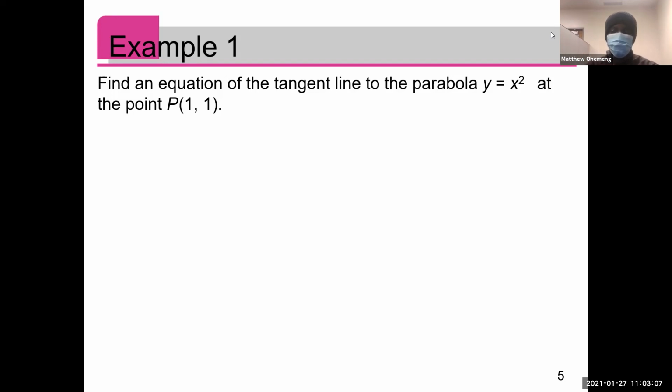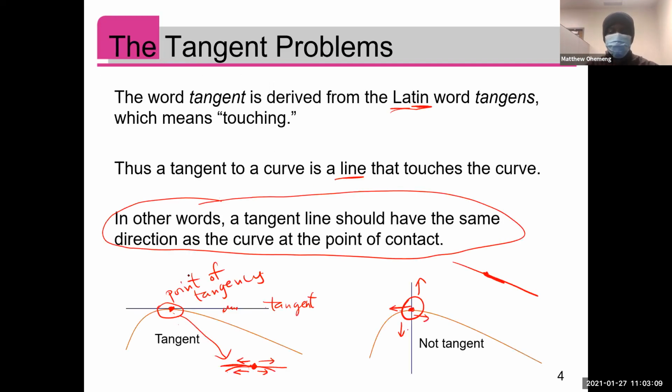Now, referring back to the graph you saw here, you realize that at the point of tangency, this point is on the line and on the curve, right? So where they touch, the point is on the line and on the curve. Are you okay with that? So that means that if you want to find the equation of this tangent line, we have a point.